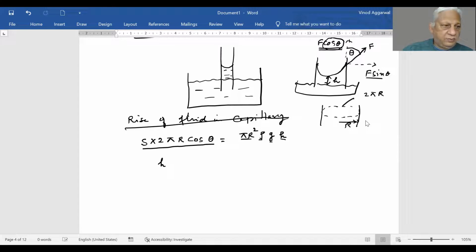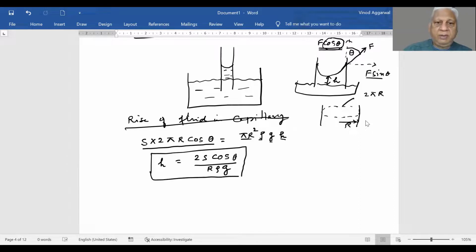So our h becomes 2S cos theta divided by r rho g. This is the rise of liquid in thin capillaries, where S is the surface tension.